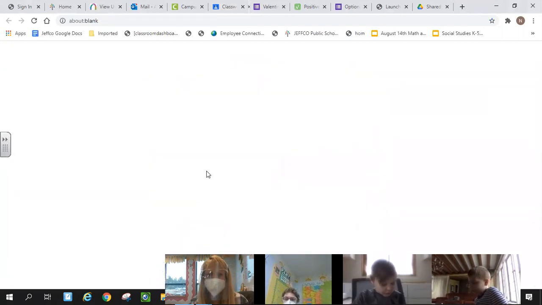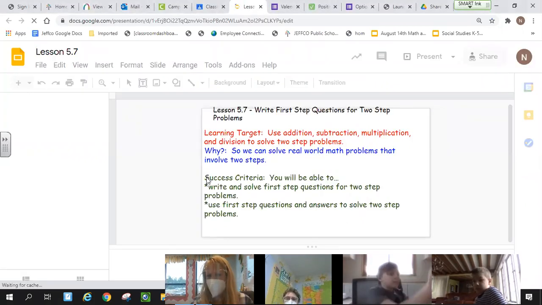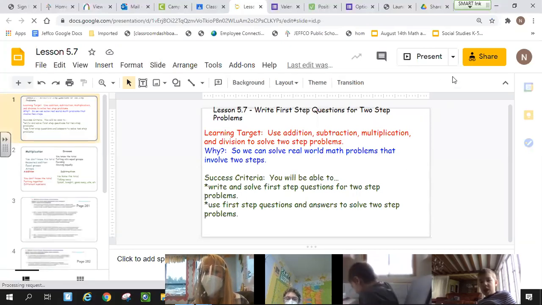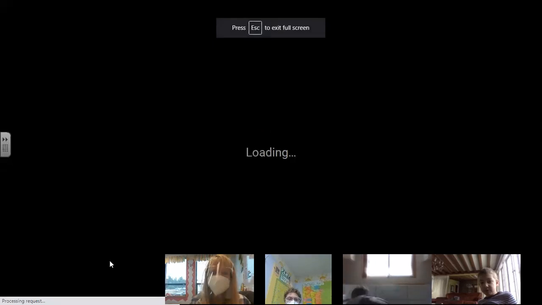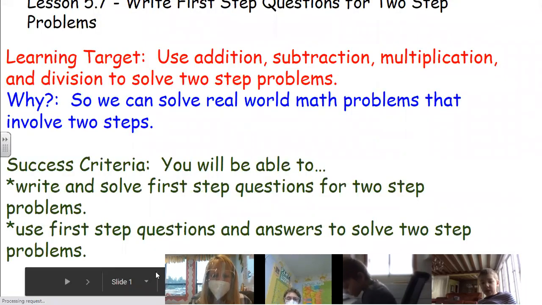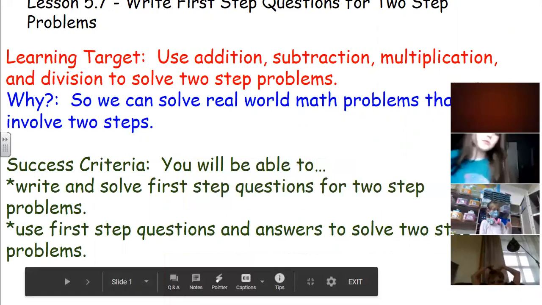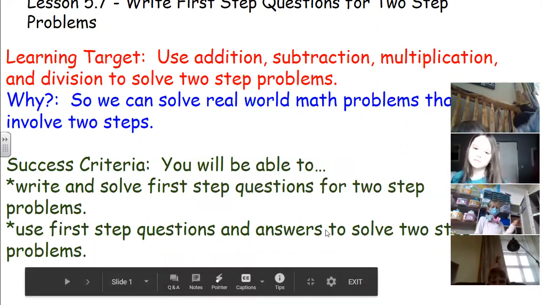So today we're going to be looking at more problem solving for this unit, Unit 5. Today we'll be writing the questions for two-step word problems. This is really something we have done, which makes me happy since we had some Valentine activities to do, so we'll be able to make it more of a review than a new concept.